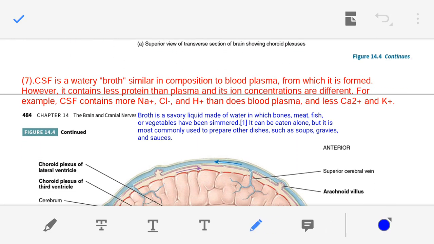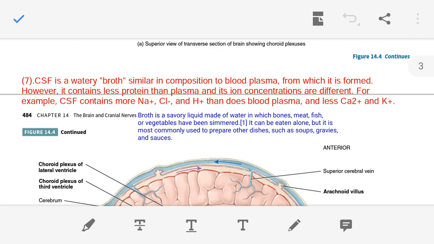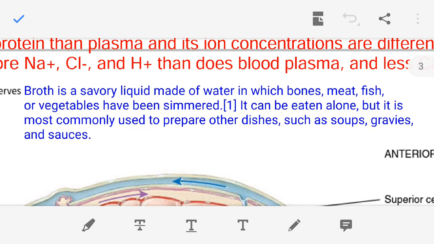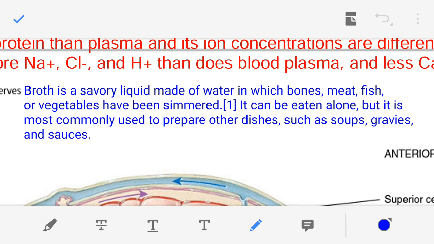Now CSF is a watery broth for our brain and spinal cord. First, let's understand broth. What is broth? See, broth is a savory liquid, and how is this savory liquid made?